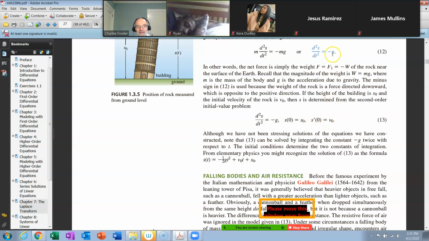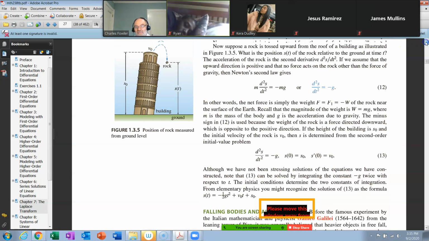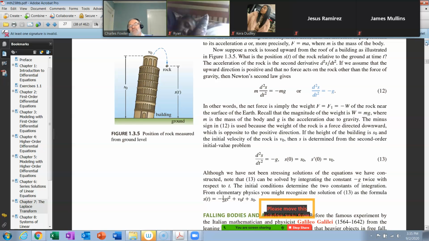Now let's just go back and look at this and see if that's kind of making sense. When they show this, it shows the ball is thrown upward, then comes down and falls. That has an initial velocity. If it was dropped off the Leaning Tower of Pisa, the initial velocity would be 0, then it just goes down. It wouldn't have any upward motion. Okay, this formula works for both.